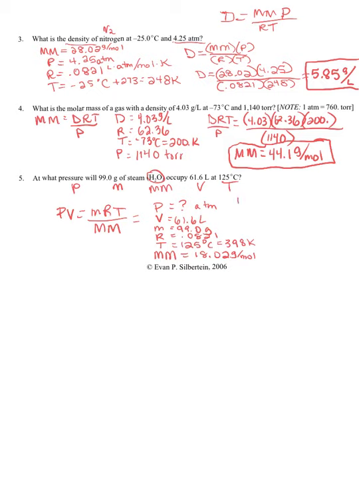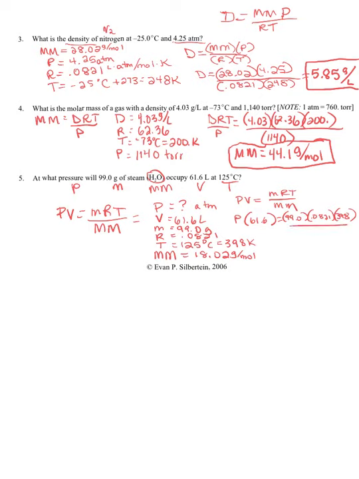PV equals MRT over MM. P is what I'm looking for. V we said was 61.6. M is 99.0. R 0.0821. T we said was 398.